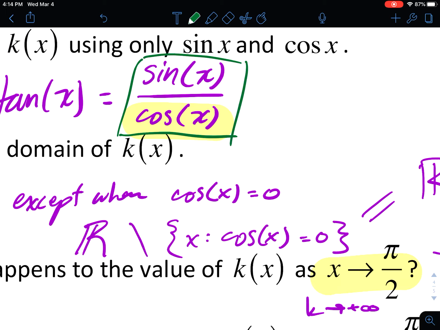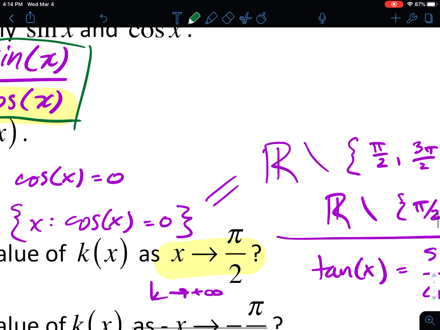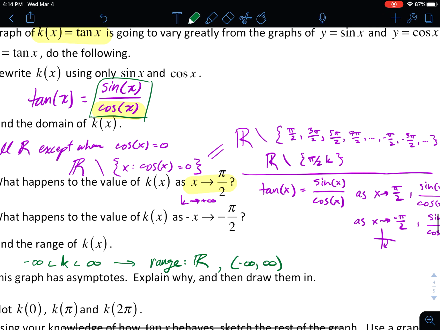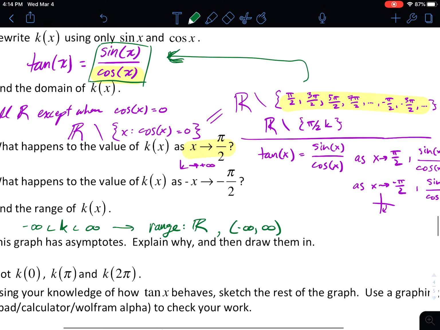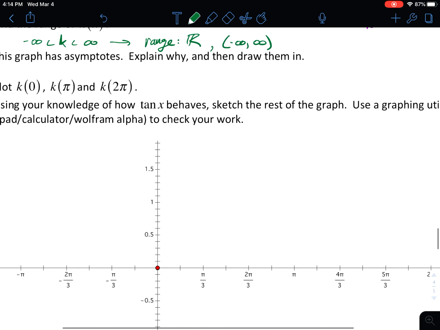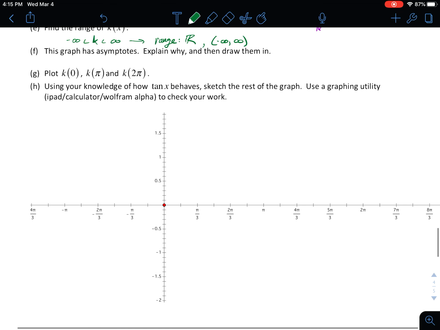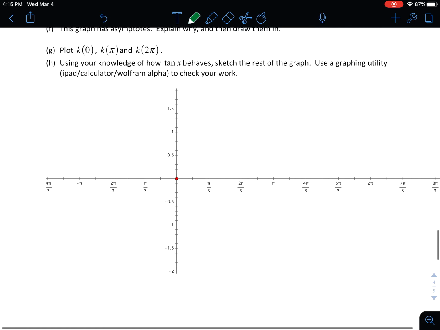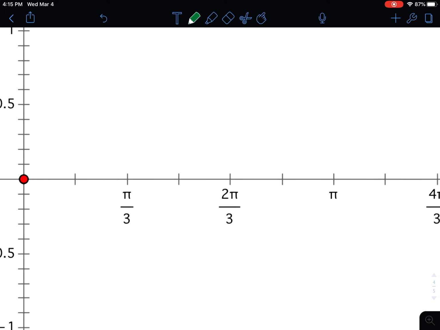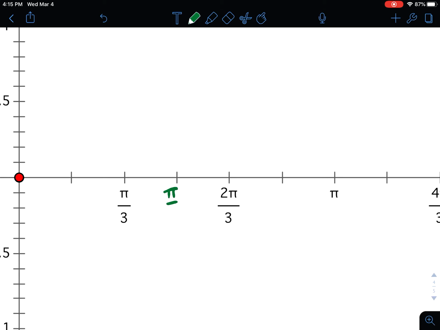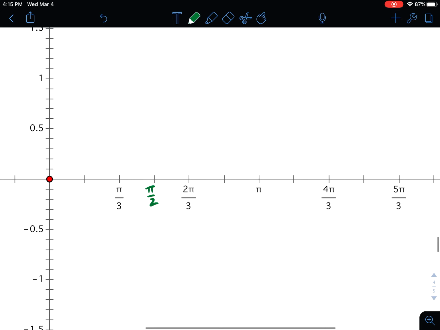It's been a while since we talked about rational functions, but we have a whole set of values, here they are, that would make the denominator here equal to 0, which means that we would have vertical asymptotes.